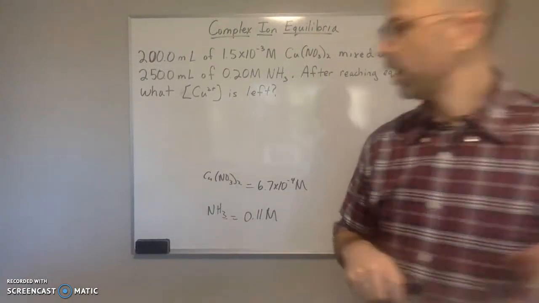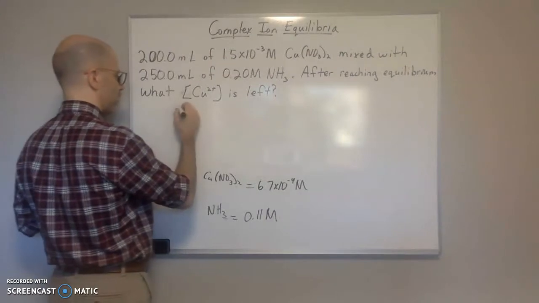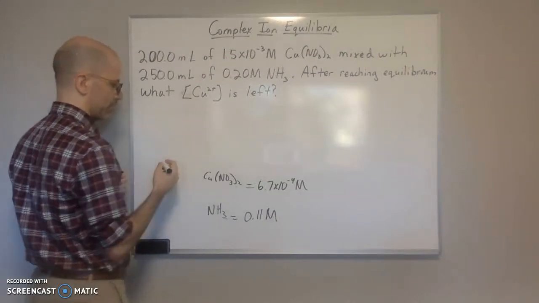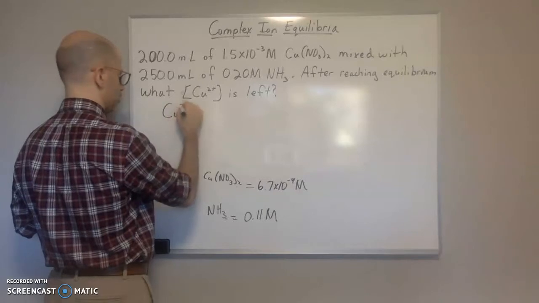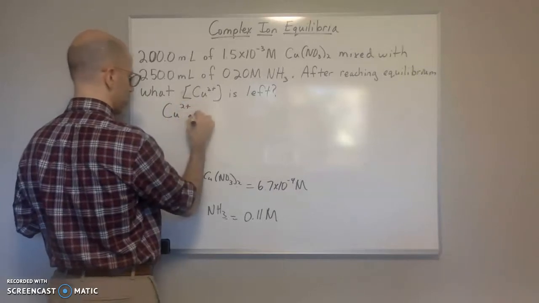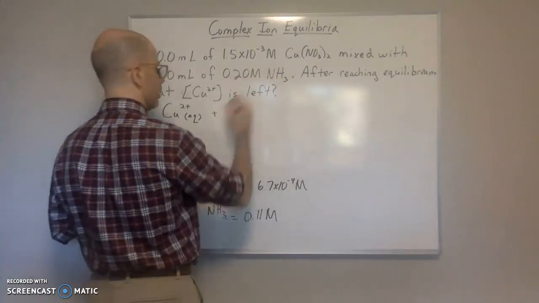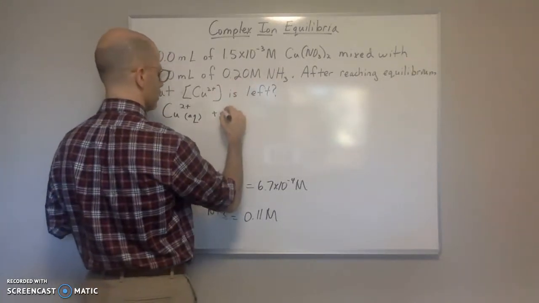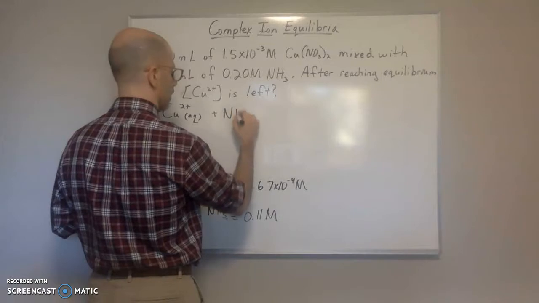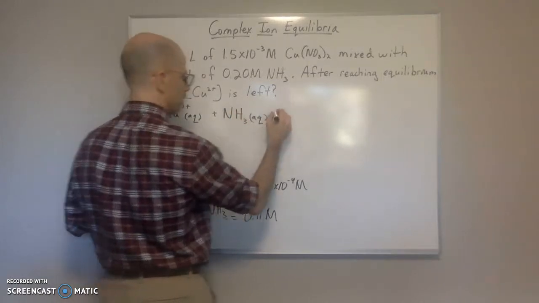Okay, so the next thing we need to do is write down the equation for our ion complex. So here we're going to have copper 2 plus ion aqueous plus our ammonia, NH3 aqueous.